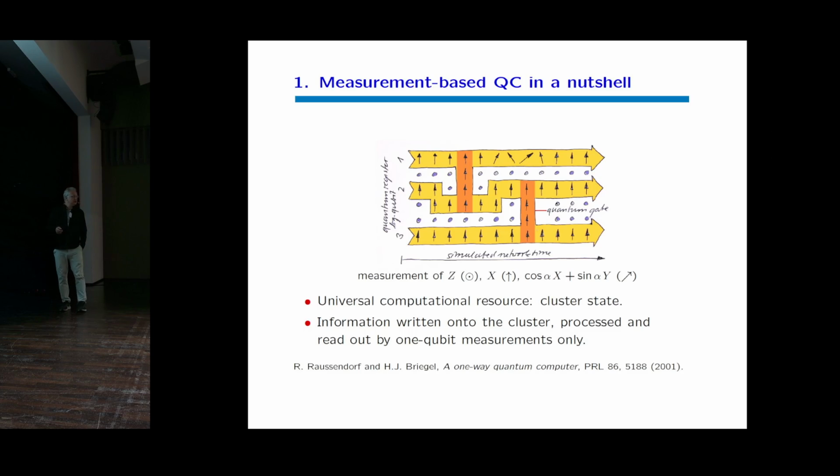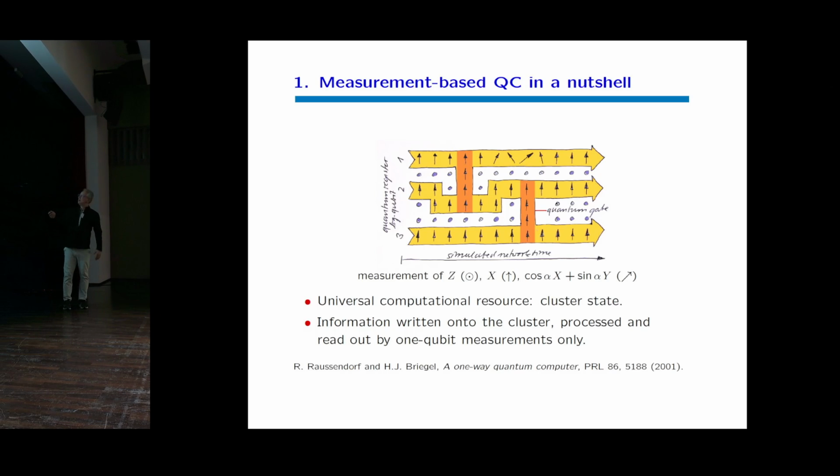What does that mean? So that is the measurement basis. Yeah? So pointing up or down is a measurement in the x basis, and when the arrow is tilting, this means a measurement moving towards y. Yeah? So you have kind of arbitrary linear combinations of x and y. And when you have this arrow pointing at you, that represents a z measurement.